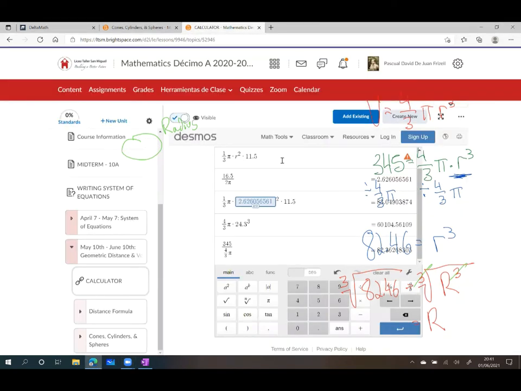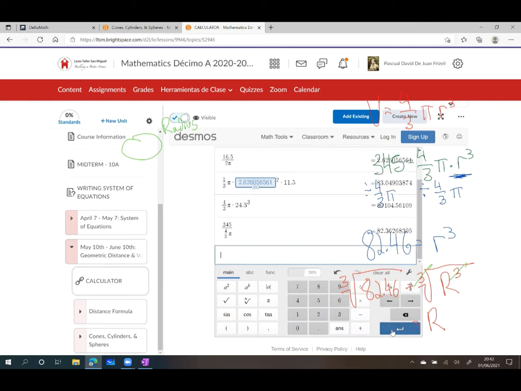All you have to do, chicos, la única cosa que tenéis que hacer, when you divide by 4/3 pi, is click this button, square root con un n, square root with an n, and type in 3 because we're taking the root of the power of 3, and type in answer.